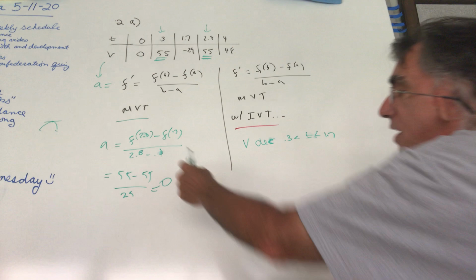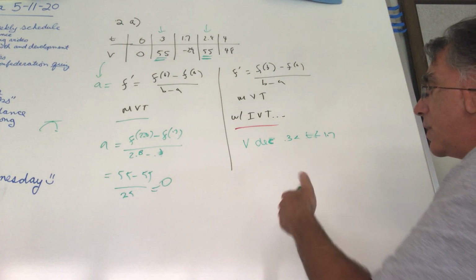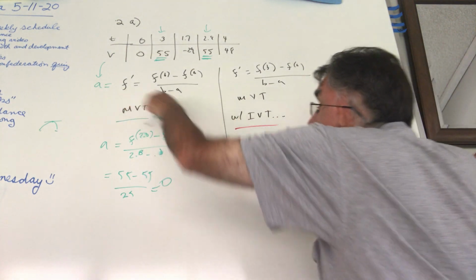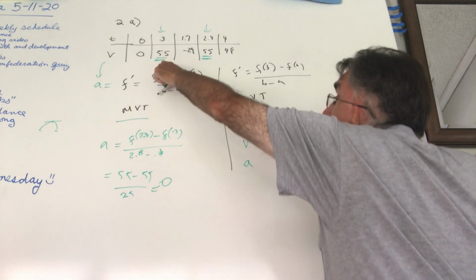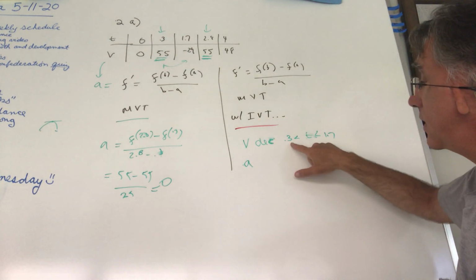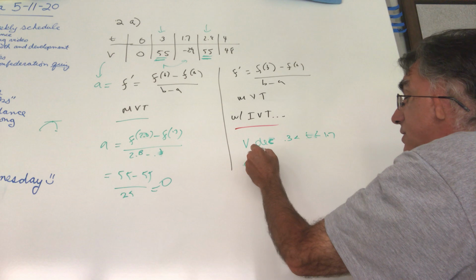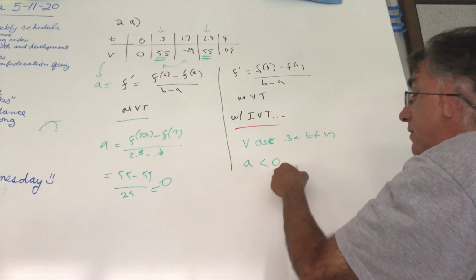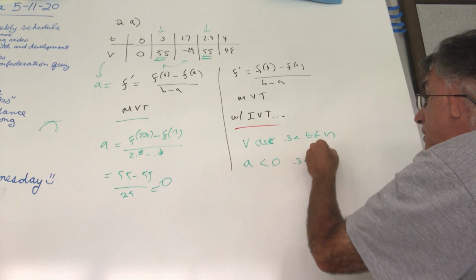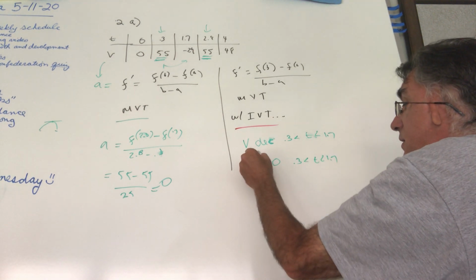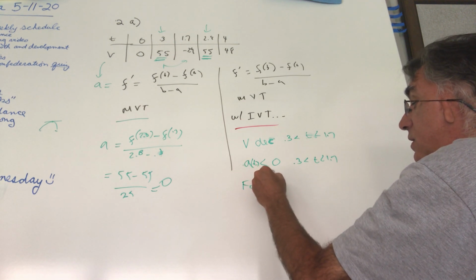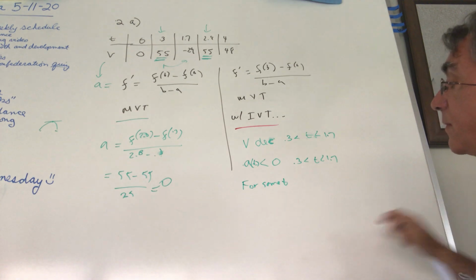We could actually calculate that number like we did here, but what you want to point out is that the acceleration, the derivative, if I actually found that slope between here and here, don't actually calculate it. Just say the acceleration is negative on the interval for some t.